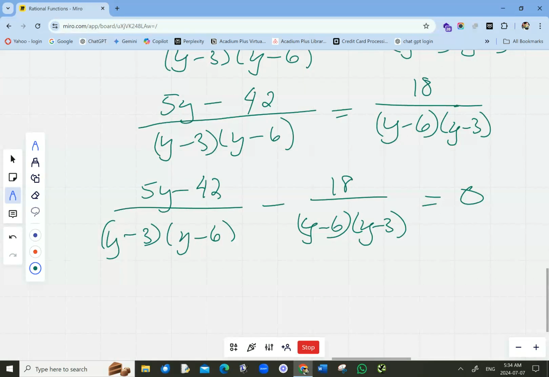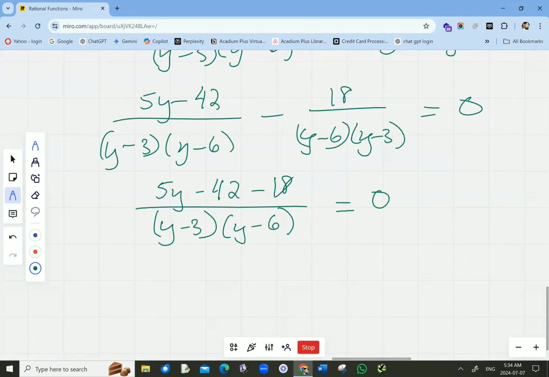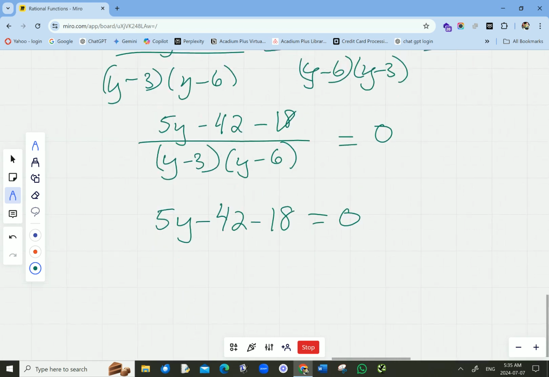Because we have a common denominator, we can just subtract the numerators: 5y minus 42 minus 18 over y minus 3 times y minus 6 equals 0. The only way for a fraction to equal 0 is if the numerator equals 0. So 5y minus 42 minus 18 must equal 0, because the denominator can never equal 0.